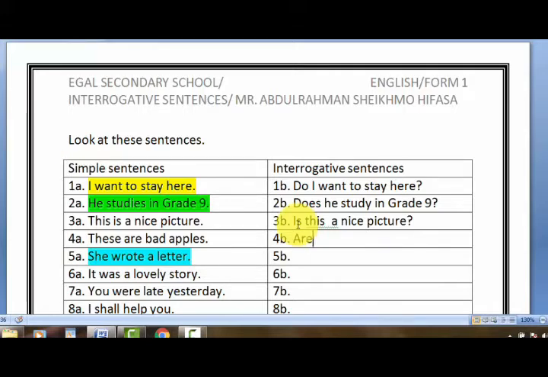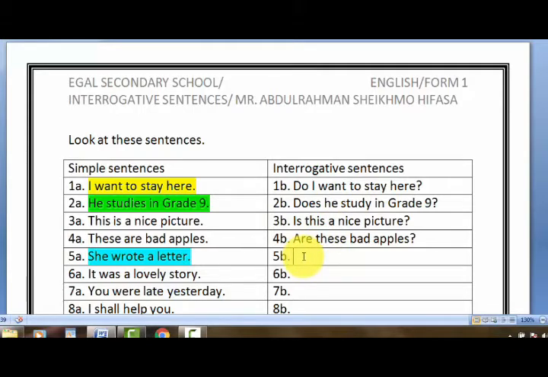Bring that one forward. Are these bad apples? Don't forget your question mark because we have got are there. It's a verb to be.